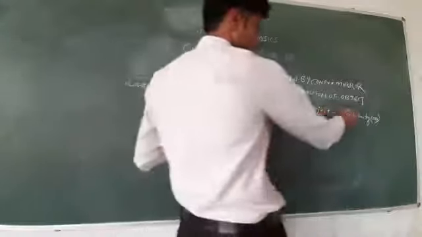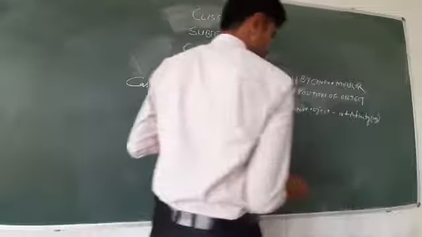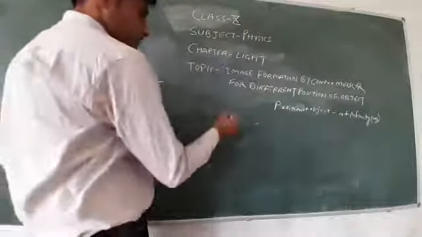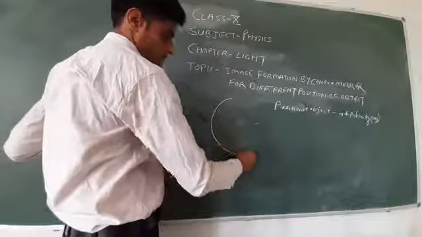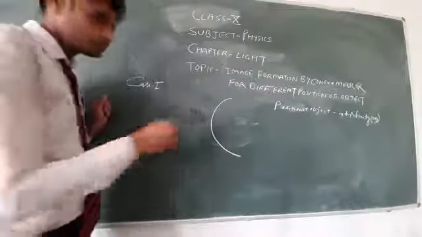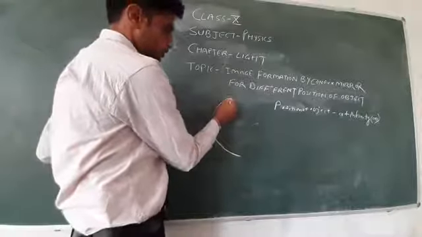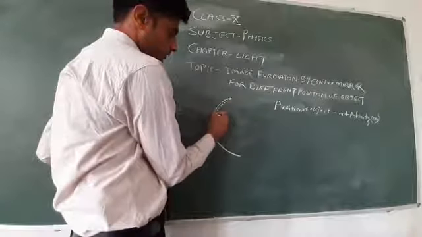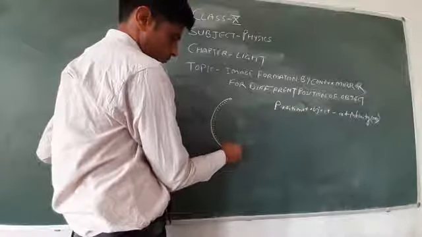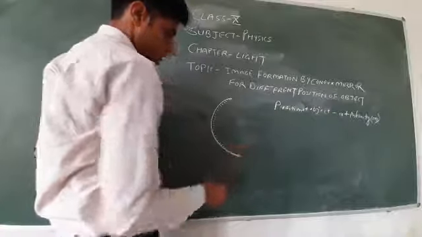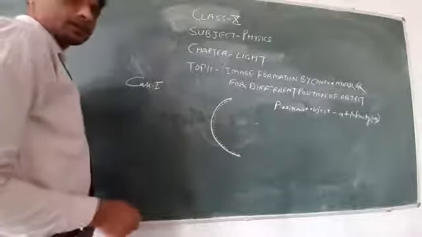Okay. Then this is a convex mirror, polished on the outer side, and the inner side is reflecting.